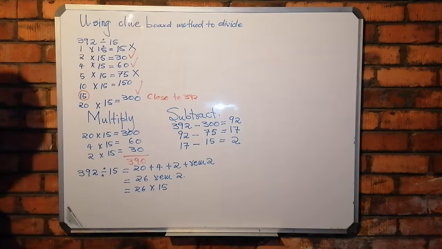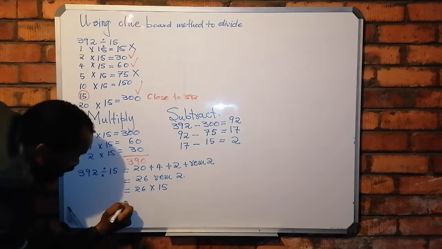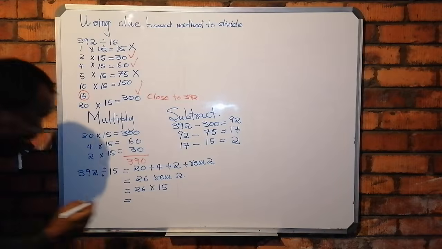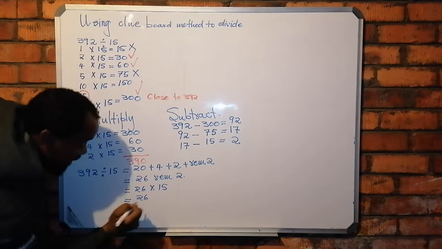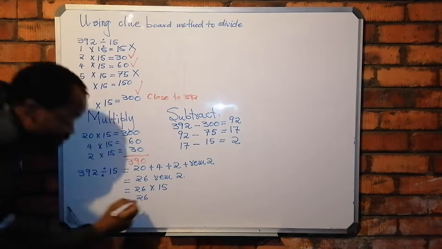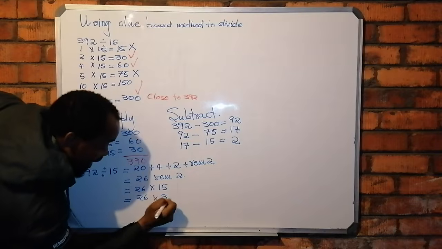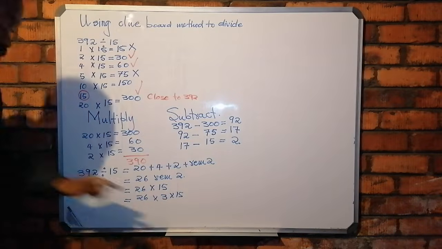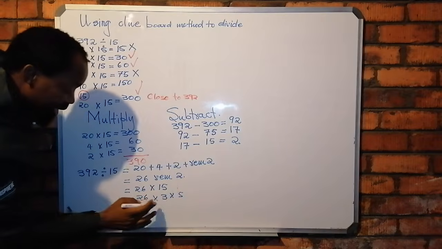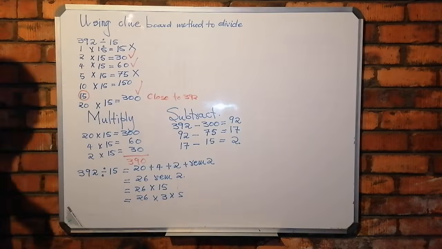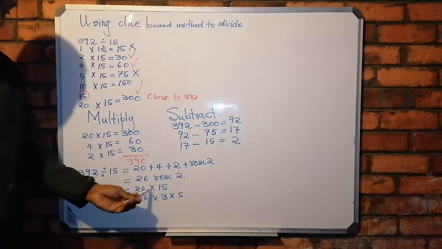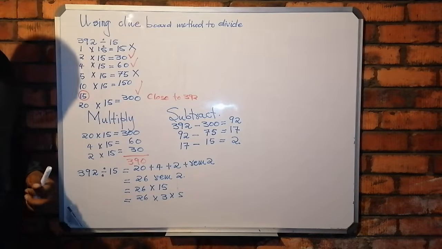Now, tell them that they should just break the small one into factors. That is 26. Factors of 15 are 3 and 5. 3 times 5 is 15. Because I don't want them to struggle with 26 times 15 here.